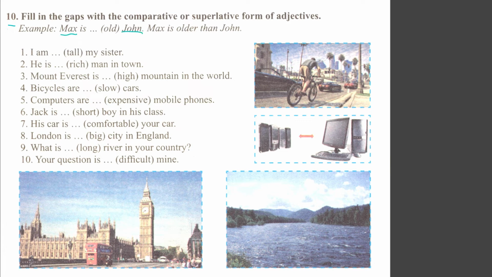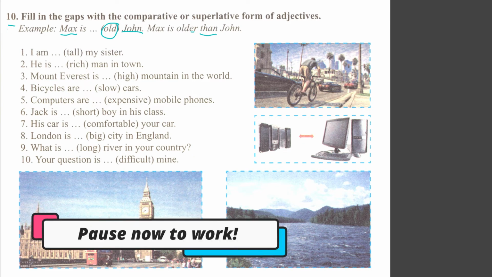So we know that it's a comparative sentence, and old is a short adjective. It has 1 syllable. So we need to add an ER, and because we're comparing 2 things, we also need than. So Max is older than John. So now you can pause the video and try to complete numbers 1 through 10 on your own.